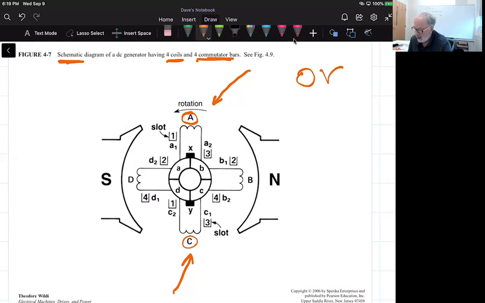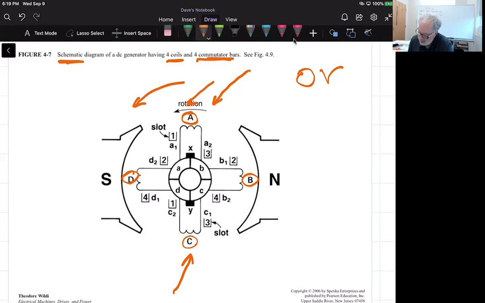And we've also got coils B and D, and those are actually cutting. As you know, you think about this thing rotating. Again, this one's rotating in this direction according to our figure here. And these 2 coils at the particular point that we're looking at are cutting the maximum flux at that time.